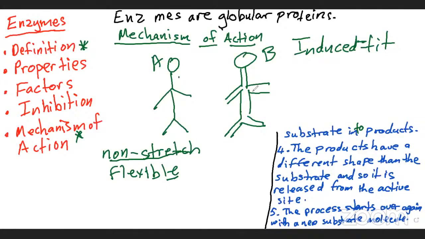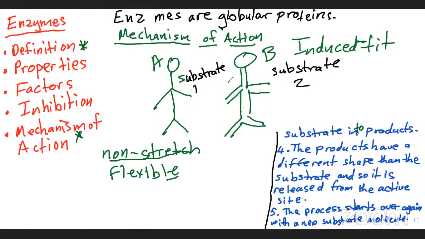If you put it on person B, then it is going to stretch to accommodate the shape of person B. The key thing here is that it is changing its shape to fit the particular person. In this case, the persons are the substrate. Substrate 1, substrate 2.